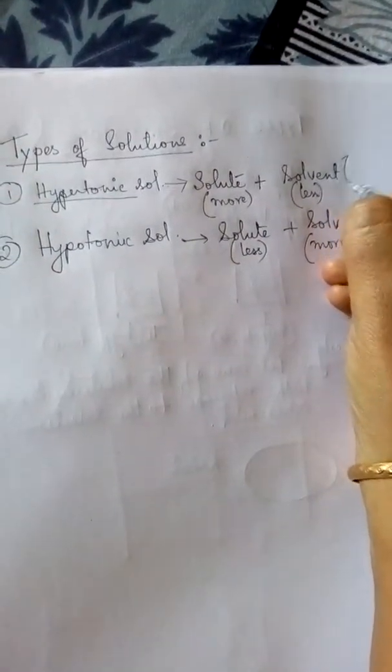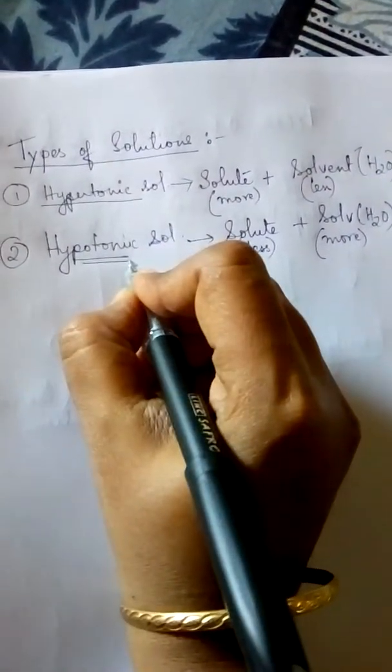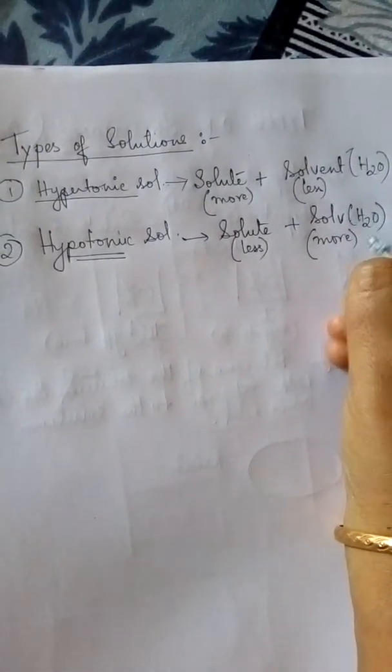Solvent is generally water. So in which solution is water concentration high? Definitely in the hypotonic solution, because solute is less and solvent, that is water, is more. So it has a much higher concentration of water, while hypertonic has a much lower concentration of water.